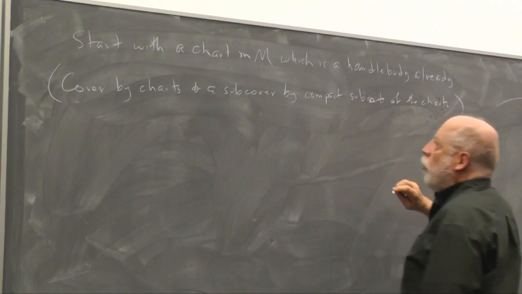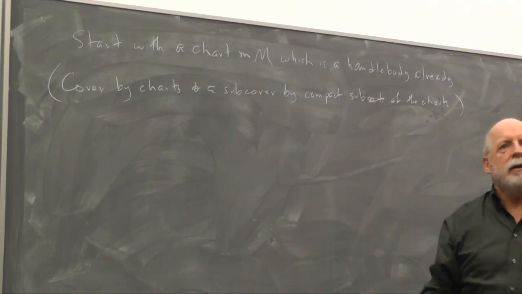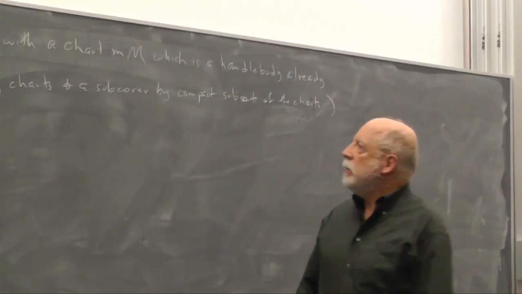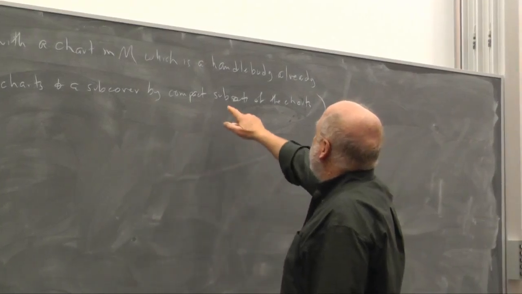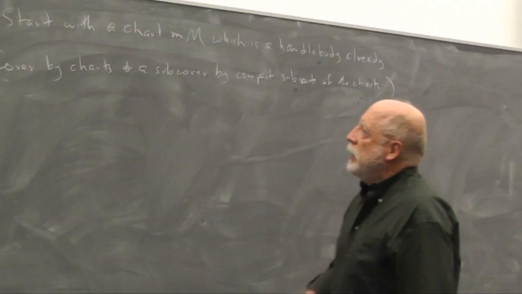So not only do you have open charts covering, but then you can take a refinement by compact pieces and they cover. And you can keep refining if you want to. But so you have these compact subsets, and these compact subsets are going to be inside the handle body.